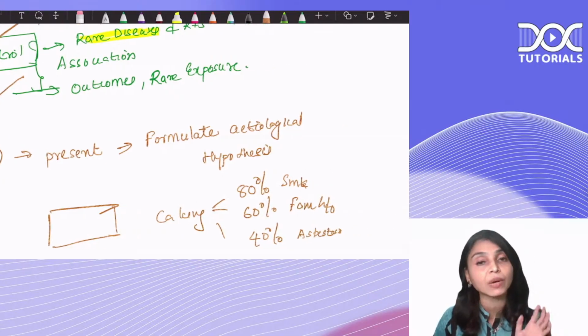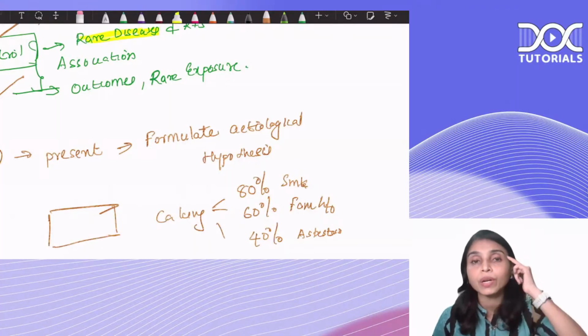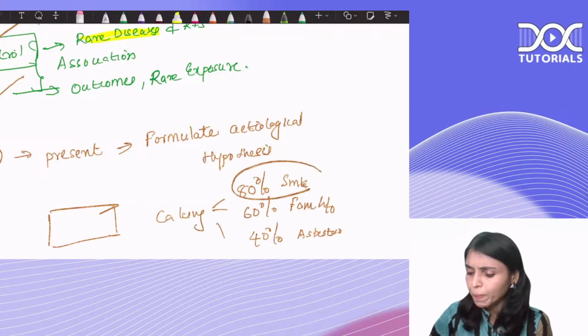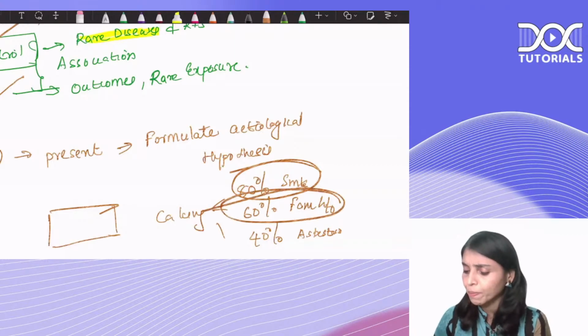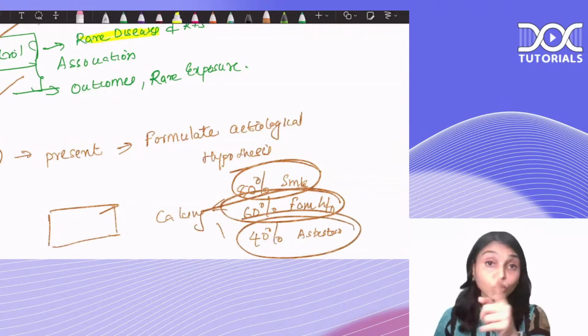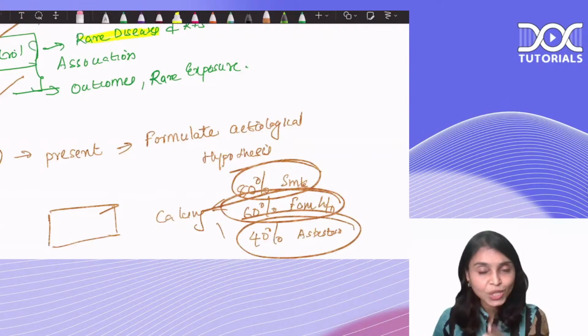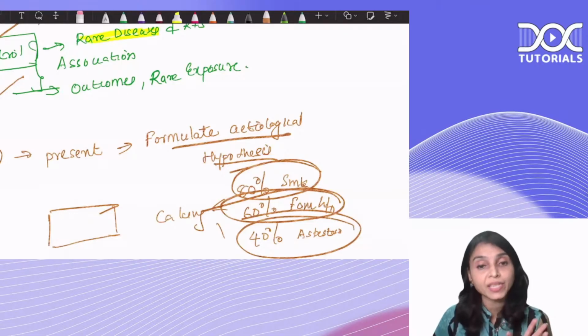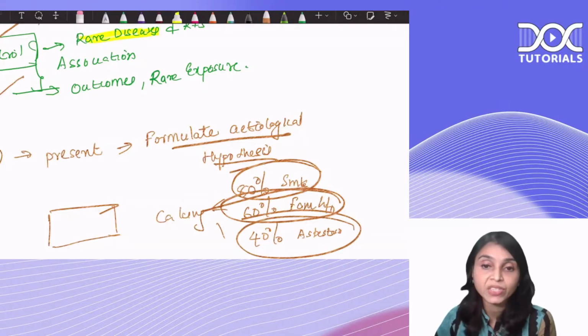When you simply describe, this is how you got. Then, using your common sense, what will you suspect? You may feel that for this disease, smoking could be a risk factor, family history could be a risk factor, asbestos exposure could be a risk factor, right? So using this, you can make a hypothesis. That means for this disease, probable risk factors could be smoking, family history, and asbestos, right?